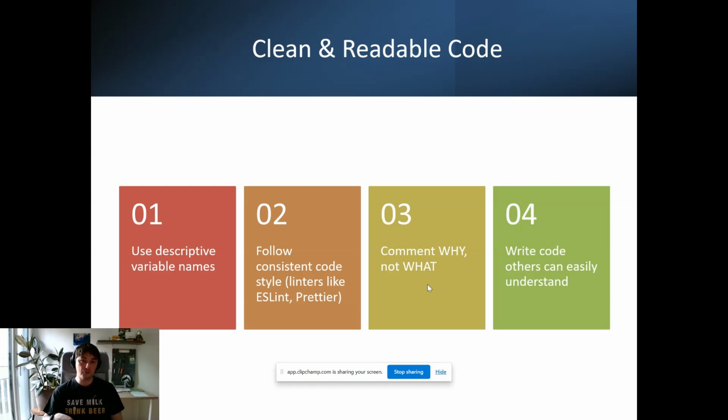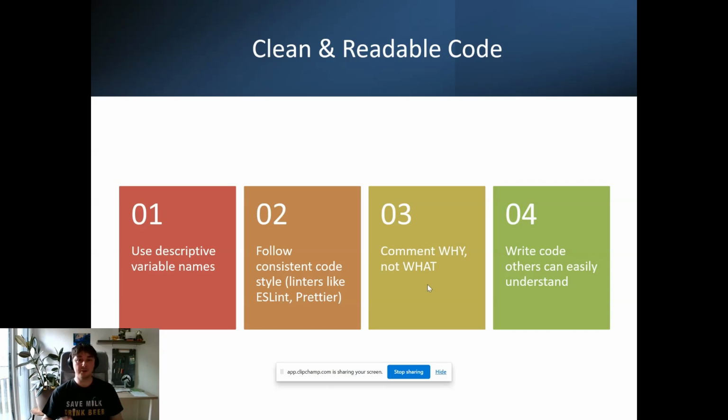Then you need to follow a consistent code style, and even better if you enforce this style with a linter, and that can be anything like Google Java Format or ESLint or Prettier and so on. And even better if those tools are used in the CI/CD pipeline as part of your test.